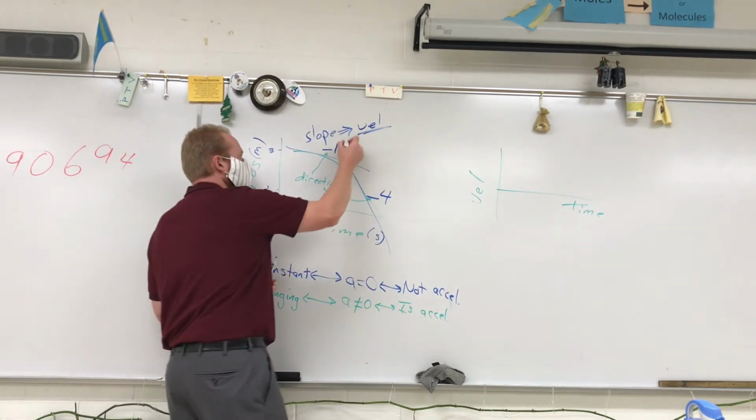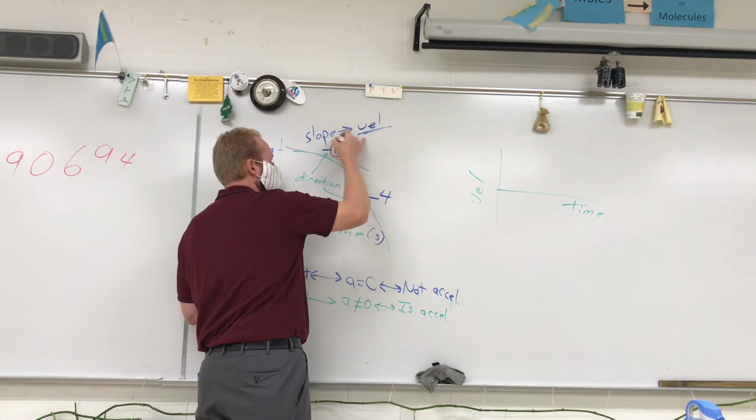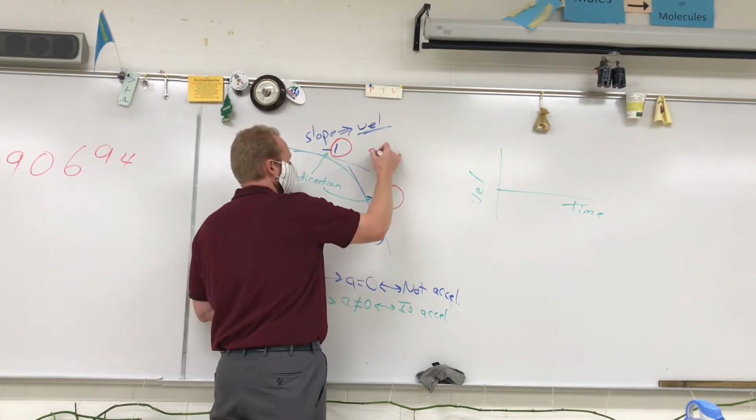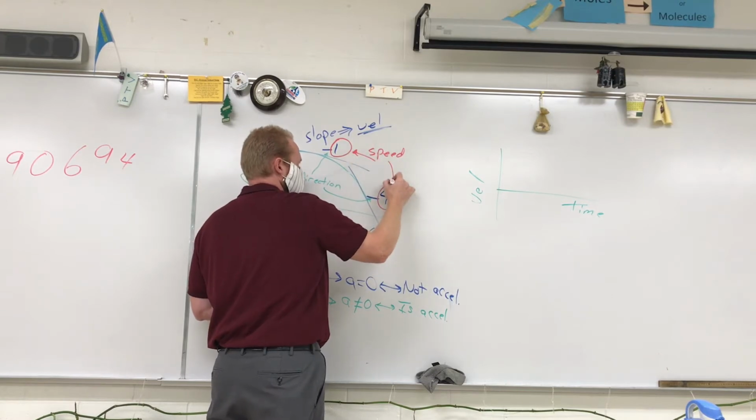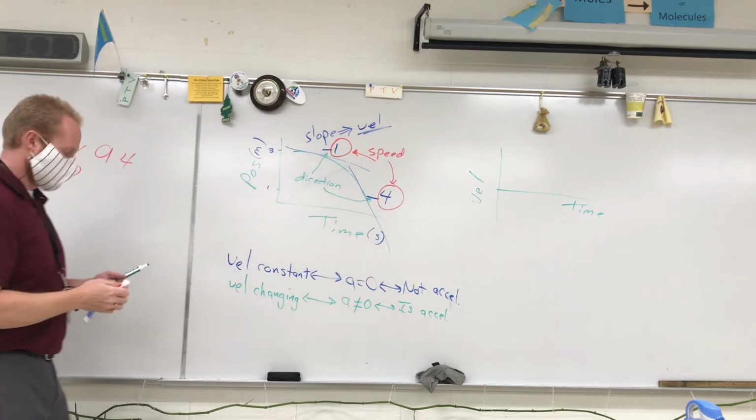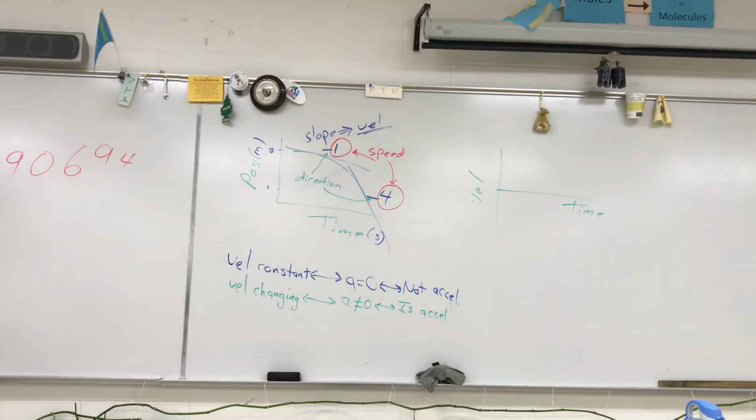Ignore the sign. The number is our speed, because velocity is speed with a direction. So it went from 1 meter per second to 4 meters per second. It just happened to be increasing in the negative direction. It's speeding up in the negative direction. It's going faster that way. That's all that's saying.